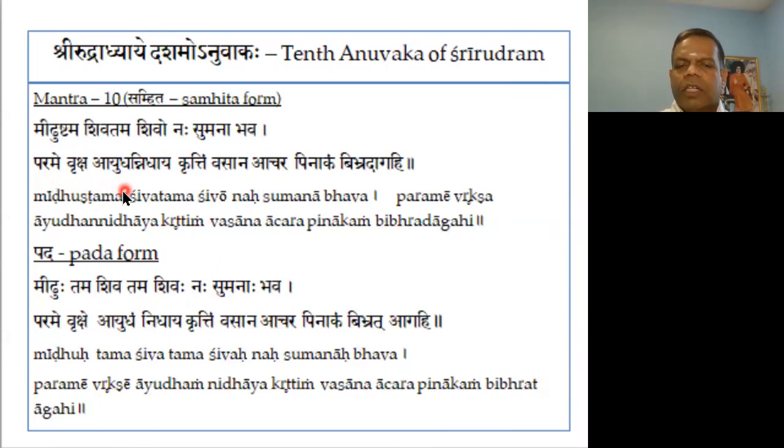Dha is again the fourth letter in the ta varga and should be aspirated. Ayudhan nidhaya, kritim vasana acharapinakam. Bibhra: again this bha is the fourth letter in the pa varga, so it has to be aspirated. Bibhra dagahi. Quite a few aspirated consonants are there, so pay attention to them.